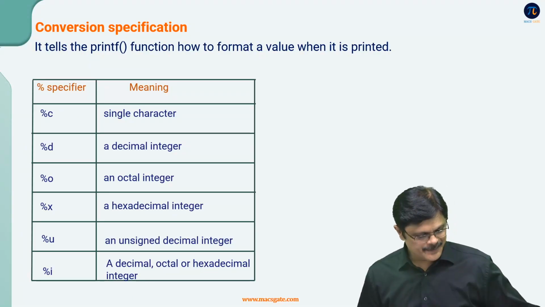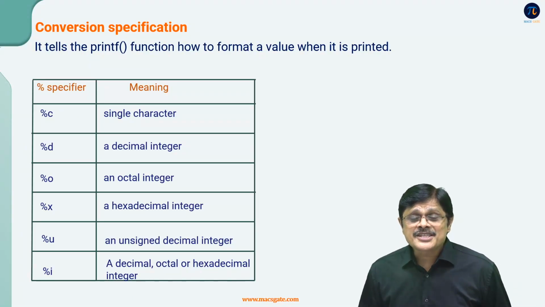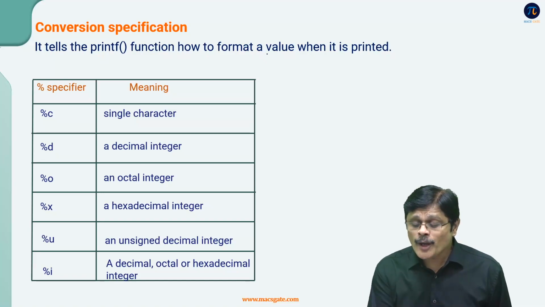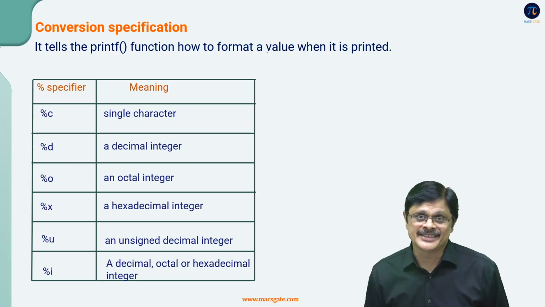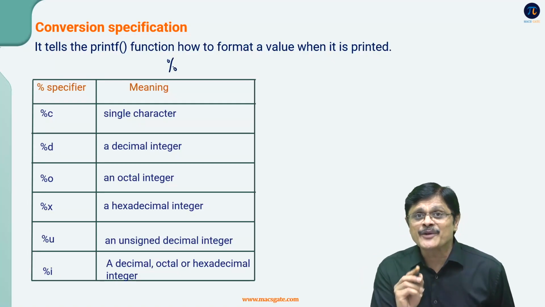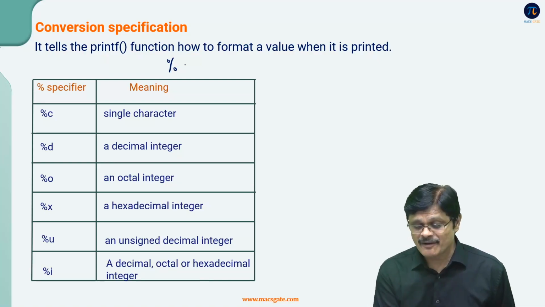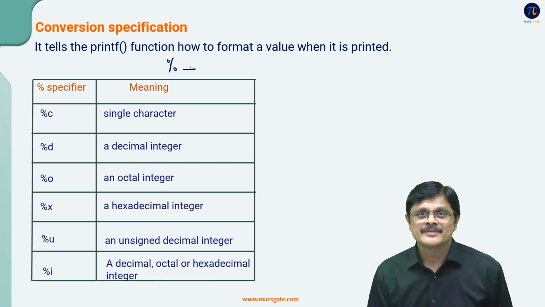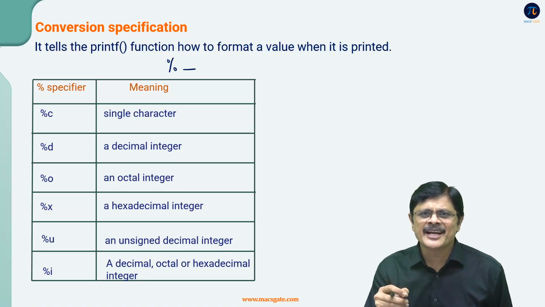The conversion specification tells the printf function how to format a value when you are going to print it. A conversion specification should start with a percent sign followed by a specifier. We call it the conversion specifier, or format modifier.